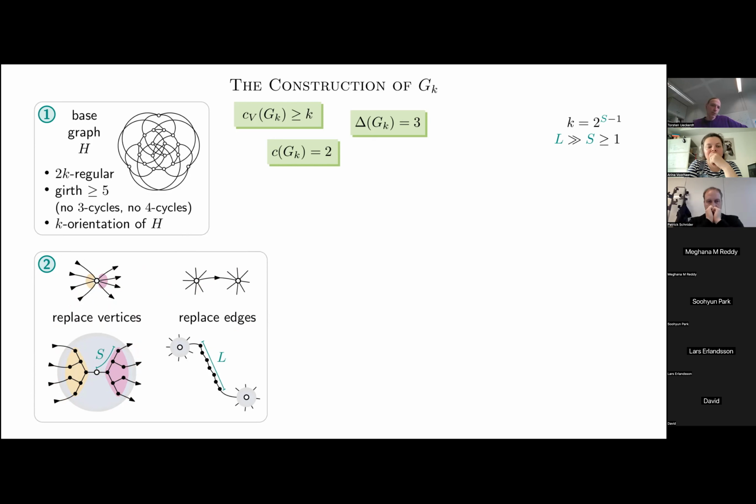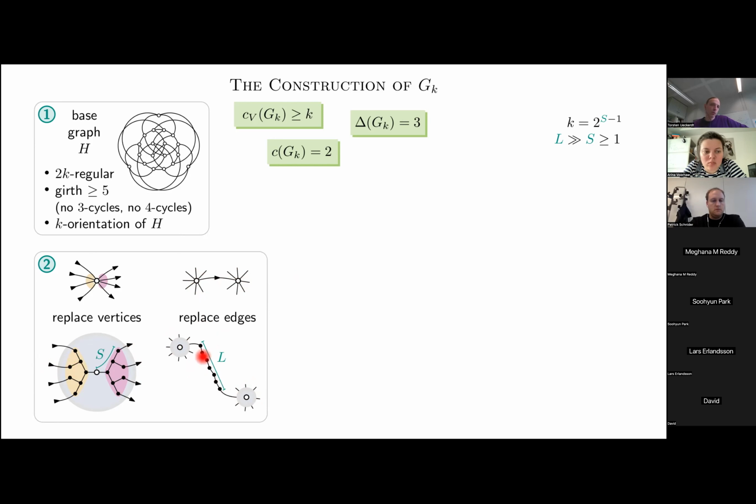And when I have an edge in the base graph between 2 such high degree vertices, and it also has an orientation, then I take this 2 binary tree patch here and this 2 binary tree patch here. There is one leaf that corresponds to this outgoing edge in this vertex, and there's also one leaf in the lower vertex here that corresponds to the incoming edge.